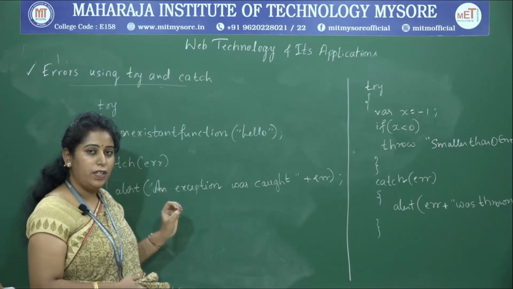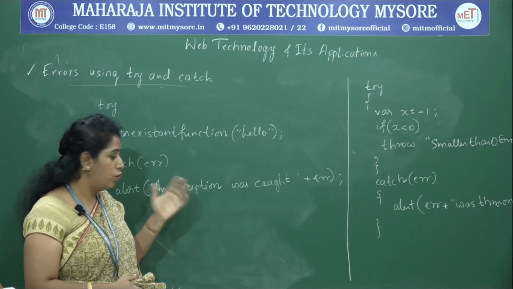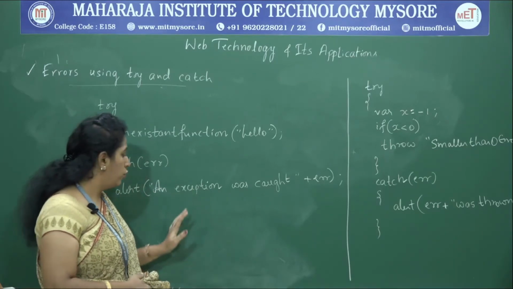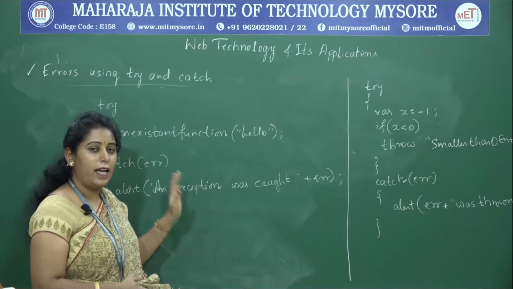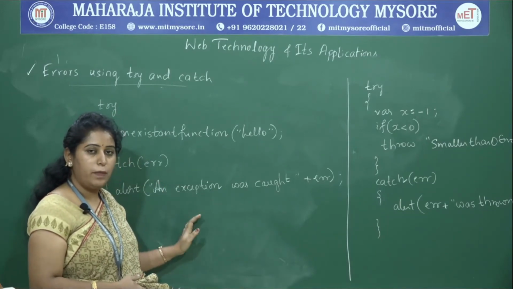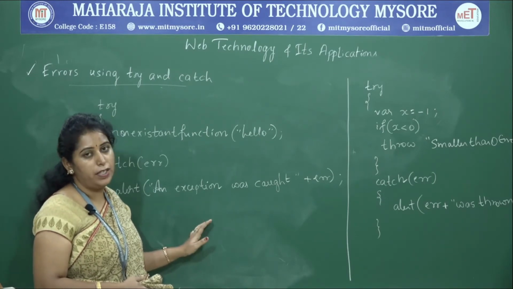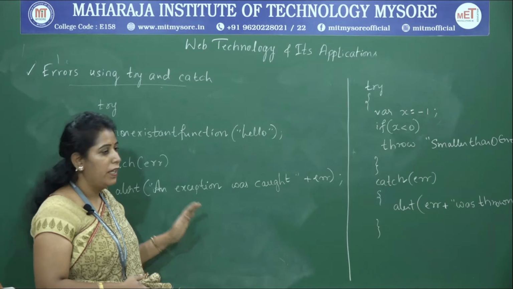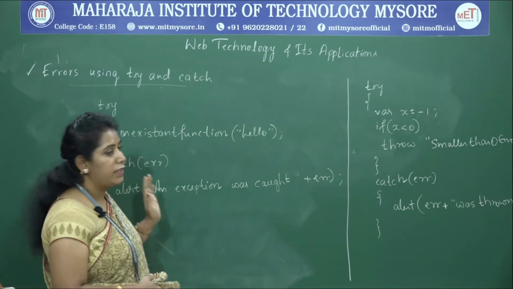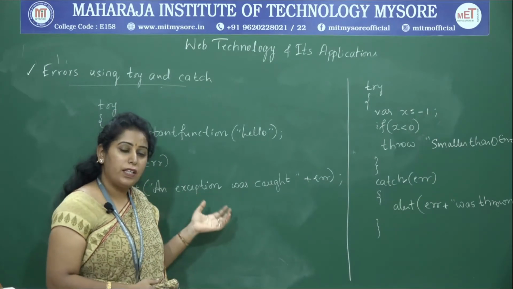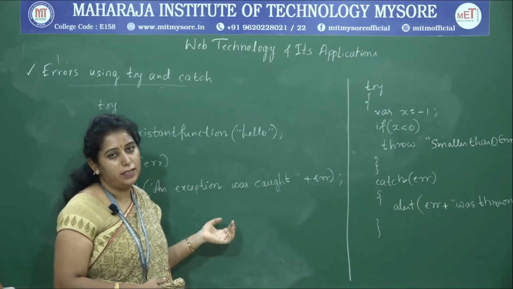Throw is a keyword which is used to stop the normal execution of the program. Usually try, catch and throw are the statements used for abnormal or exceptional cases in your program. Again I will repeat, try and catch are the statements used in JavaScript to catch the errors.